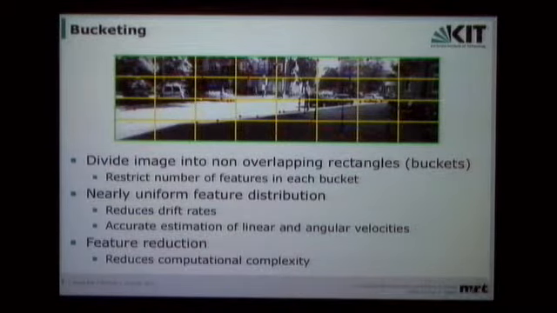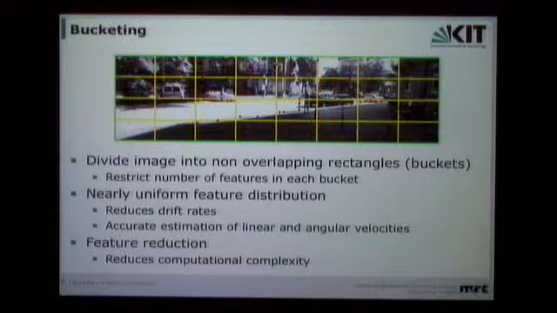We have found experimentally that if we distribute these features uniformly over the entire image, this reduces the drift in the estimation and increases accuracy. It also reduces the computational complexity if we don't use too many features.